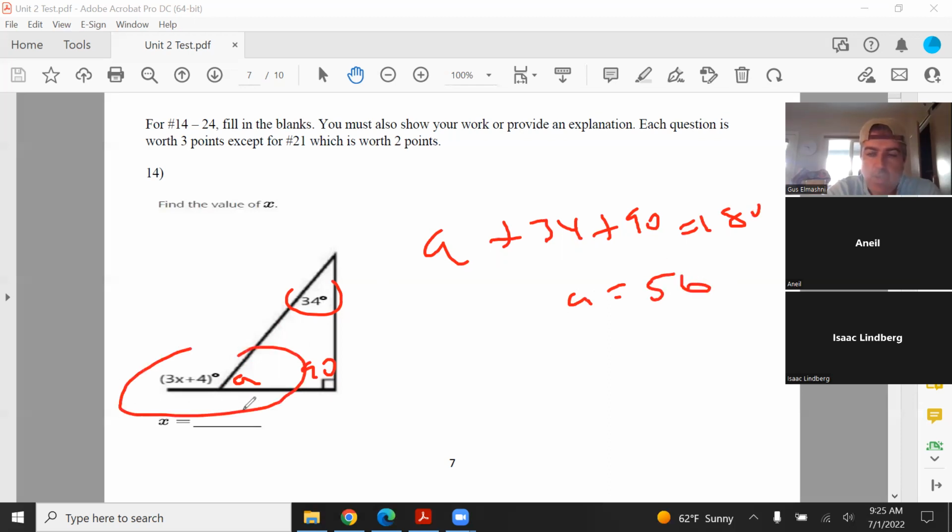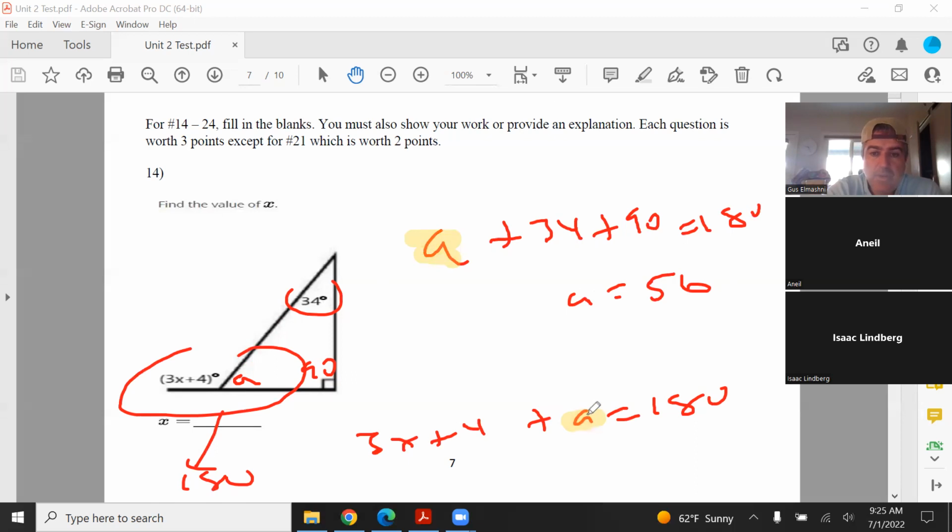Well, these two must also add to 180, right? Because they form a line. So if you think about it, I don't know what x is obviously right now, but both these equations have an A in them, right?